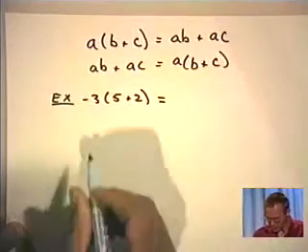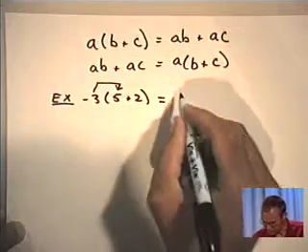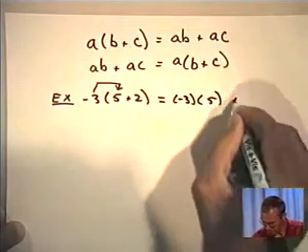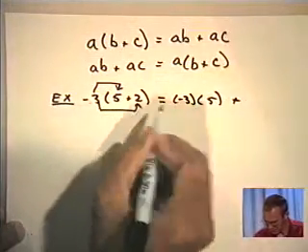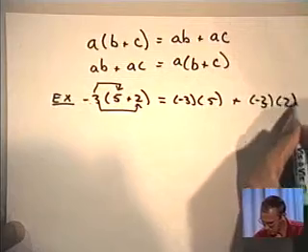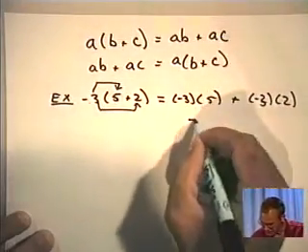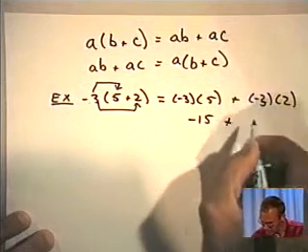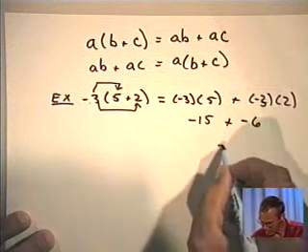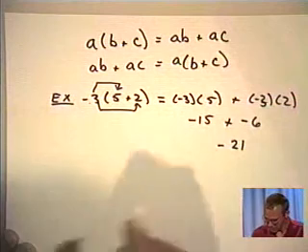According to the distributive property, I take my negative 3 times the 5 plus my negative 3 times the 2. And then we can simplify from there. Negative 3 times 5 is negative 15 plus negative 3 times 2, which is negative 6, which gets us negative 21.